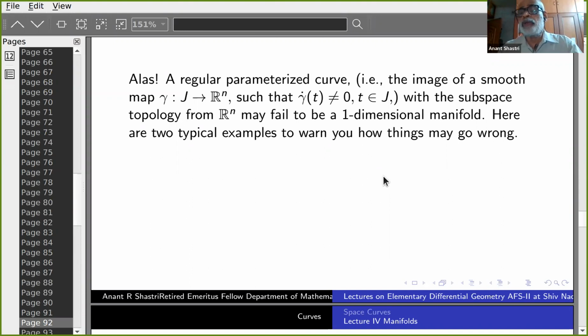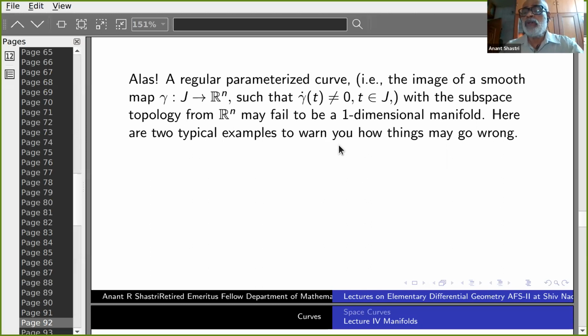In that subspace topology, this gamma may not be a local homeomorphism. Therefore, it cannot be a local diffeomorphism. The calculus is fine, but the topology is fuzzy. Topology may not be accurate here.